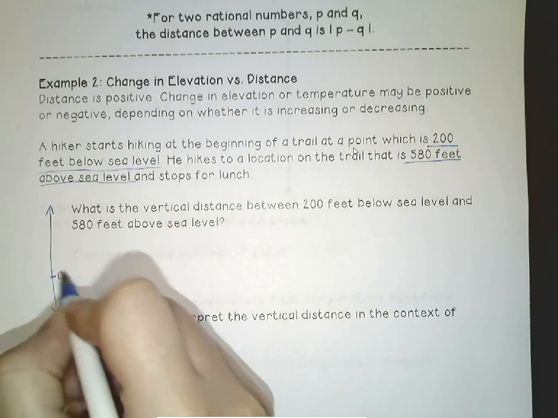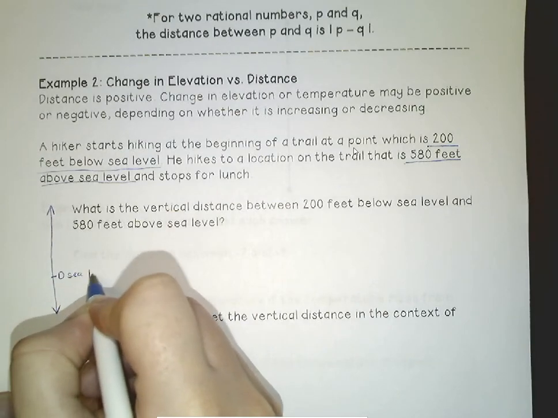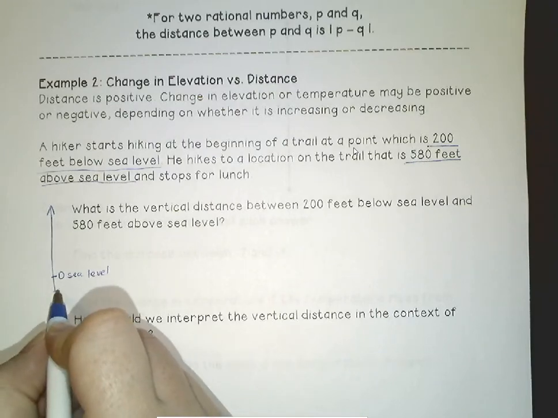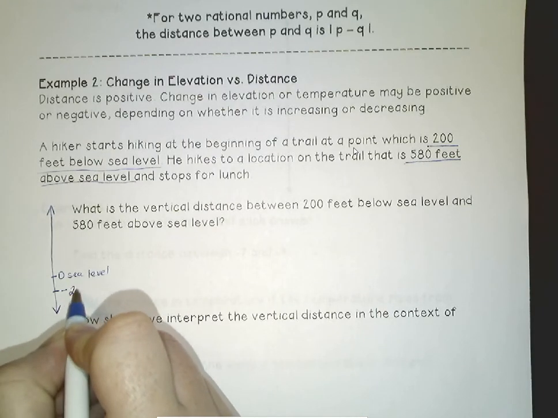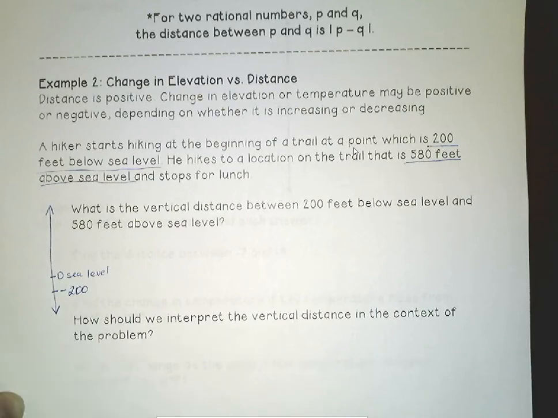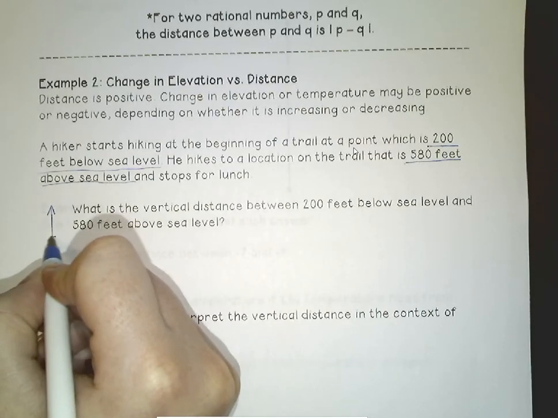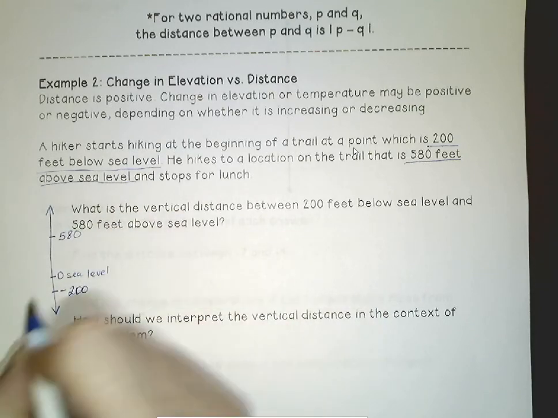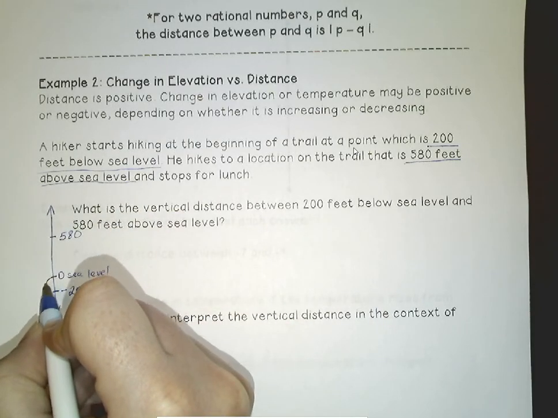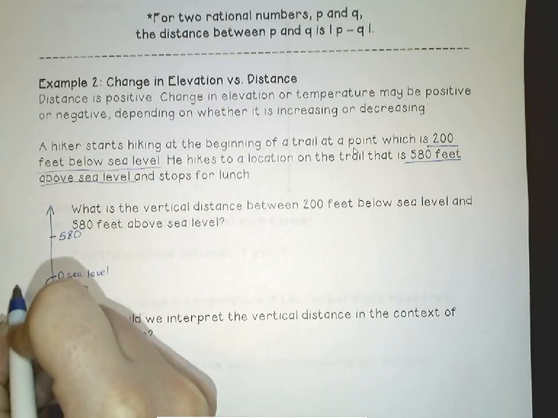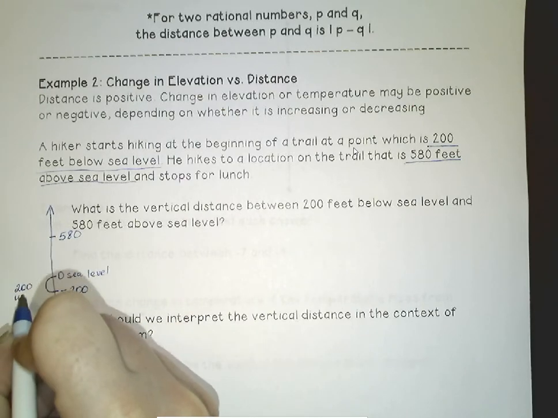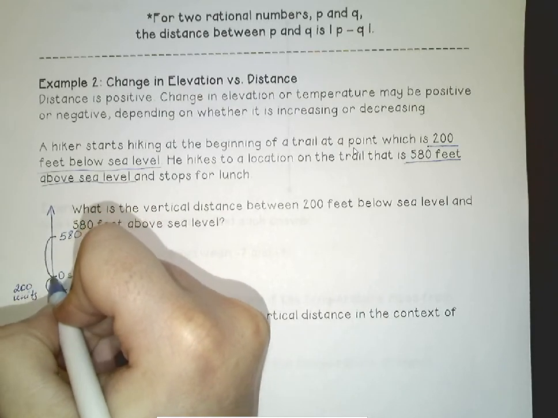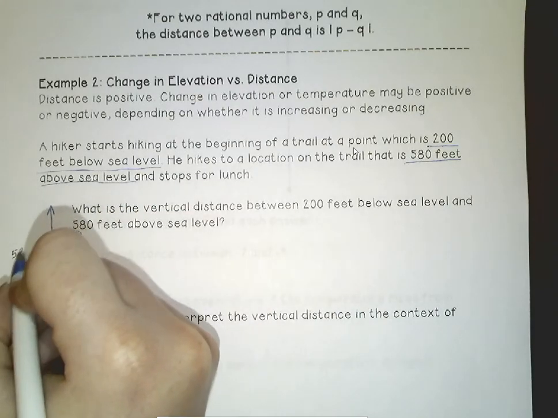So if we have here a sea level, which is a 0, 200 feet below sea level will be somewhere here, -200, and 580 feet above sea level is going to be somewhere here, 580. I see that from 0 to -200, we have 200 units. And from 0 to 580 is 580 units.